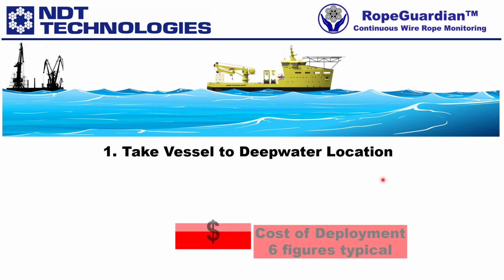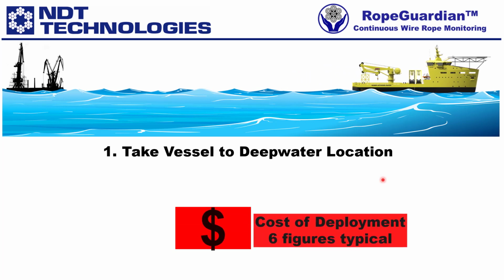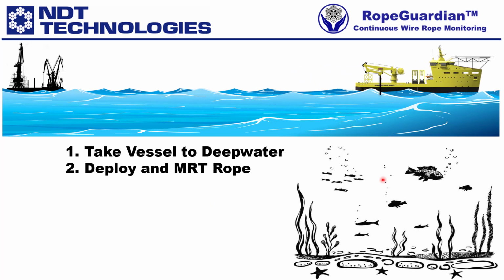As you take your vessel to the deep water location, you're accruing the cost of deployment. Six figures is a typical estimate. You can now deploy and do an MRT inspection of the rope. Notice that this is time and money that's being accumulated as well.